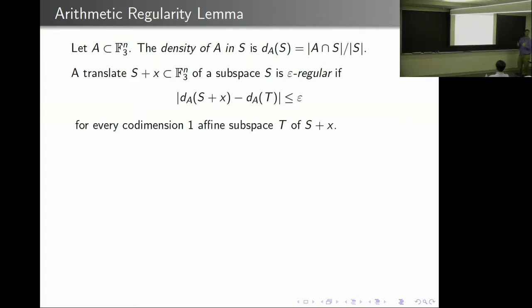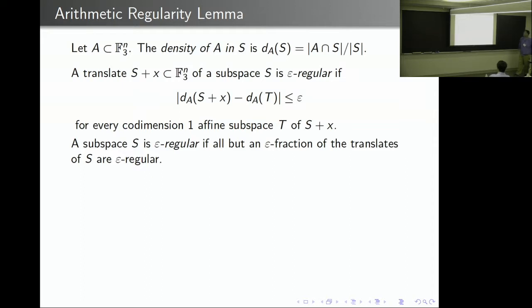So that should hold for every codimension 1 affine subspace. This condition is typically stated in terms of Fourier coefficients. Up to a small change, it's the same as saying the non-trivial Fourier coefficients are all small.